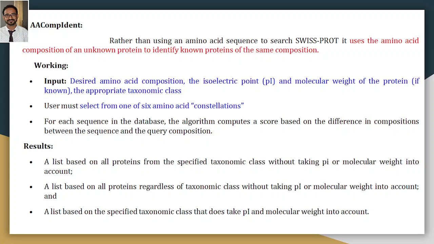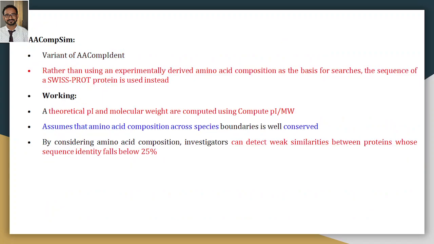Now you have two things, one with the molecular weight and isoelectric point, another without them. With that difference we can make the comparison, or you can say you can identify the composition of the unknown by using the known.